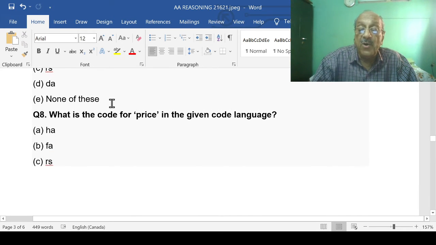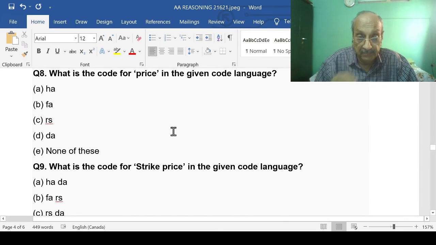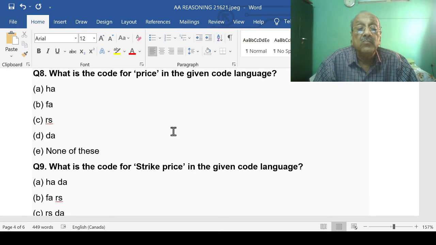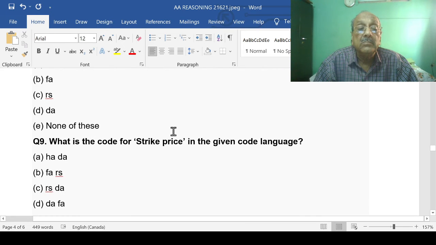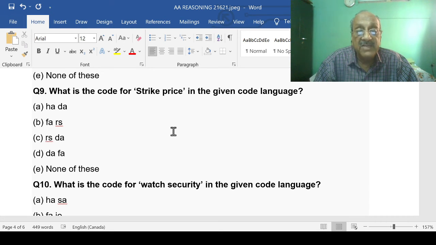What is the code for price? Please find out what is the code for strike price.